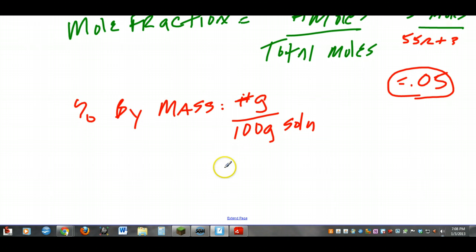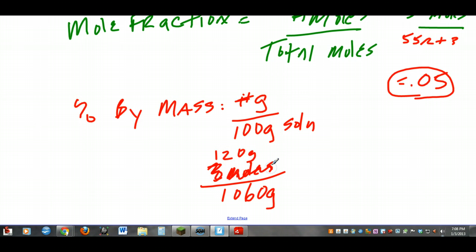So we have 3 moles, right? 3 moles were in 1,060 grams of solution. And that 3 moles was actually 120 grams. So 120 grams was in 1,060 grams of solution. So how many grams are in 100? Or divide it, multiply it by 100. And I believe it's 11%.